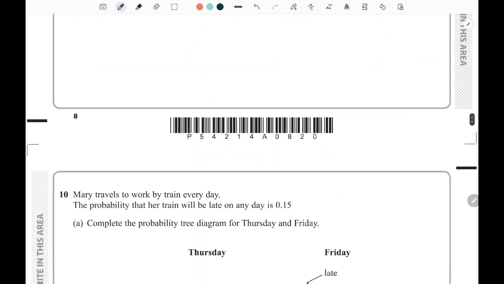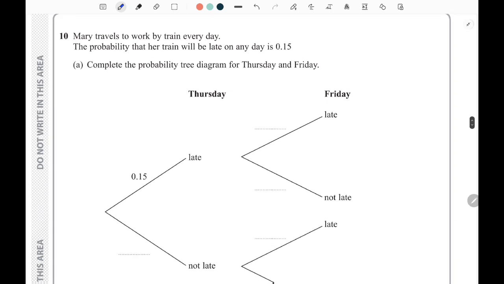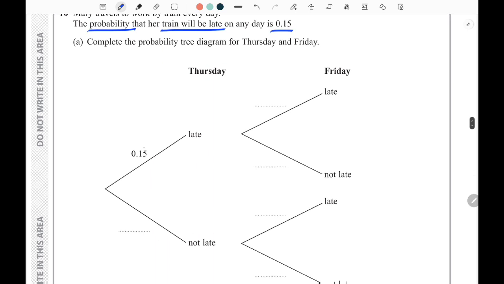Right. Number 10. It's a probability question with a tree, and the train, it says, will be late on any day. The probability of that happening is 0.15, and that's already shown here on the first part of the tree.